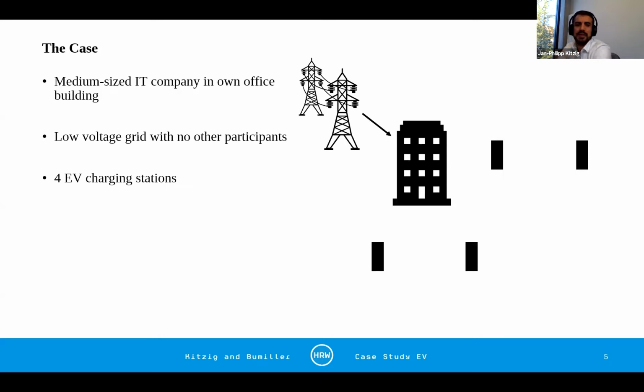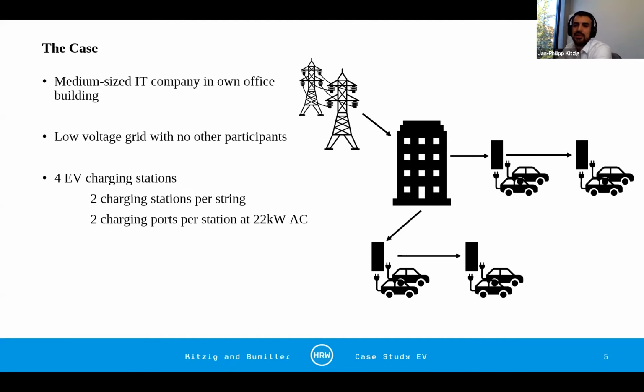This building is now equipped with 4 electric vehicle charging stations, and they are connected in 2 strings. They have 2 charging stations per string, and there are 2 strings coming out of their low voltage distribution in the basement of the building. Each of these charging stations has 2 charging ports that are able to charge at 22 kilowatts with AC charging.